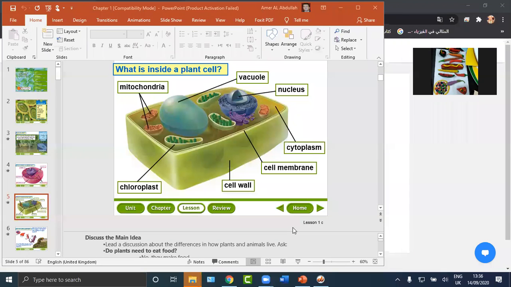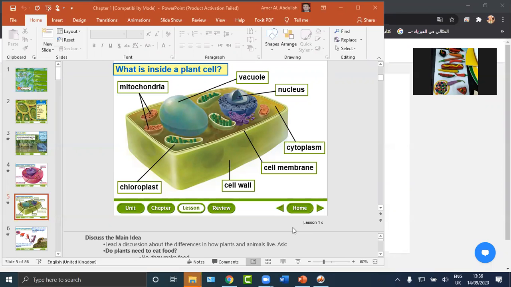We defined a tissue before, and a group of tissues works together to perform a specific function for an organ. And when organs work together with other organs, they give us organ systems. Now you have to distinguish between cell, tissue, organ, and organ system.